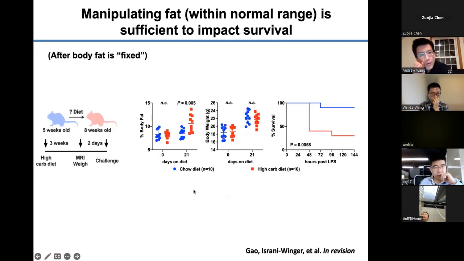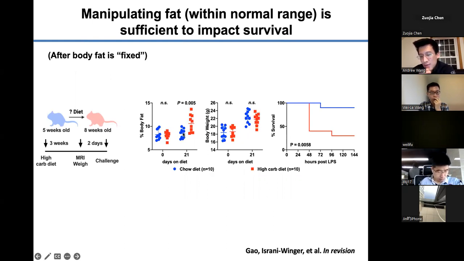So the first experiment we did was, can we make a mouse whose body fat trajectory is fixed? Can we change it so that we can alter its sensitivity to dying from LPS? And so what Michael found was a diet, actually a high carb diet, that was able to get mice to be a little bit fatter than mice on a chow diet.